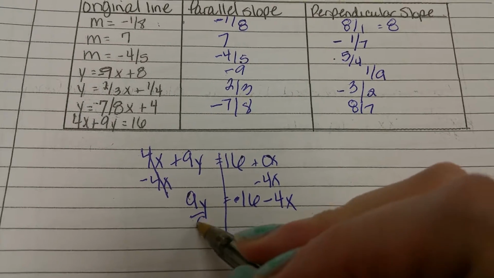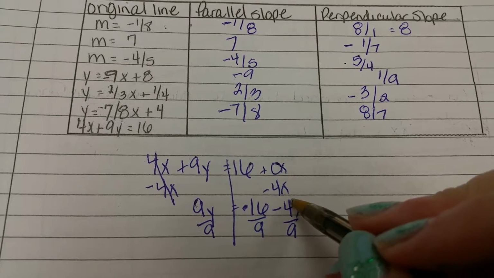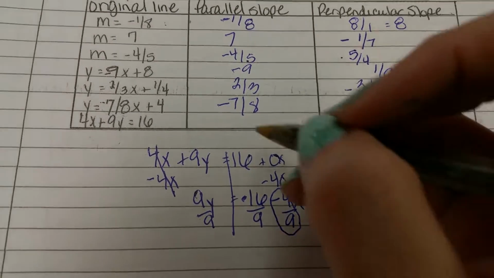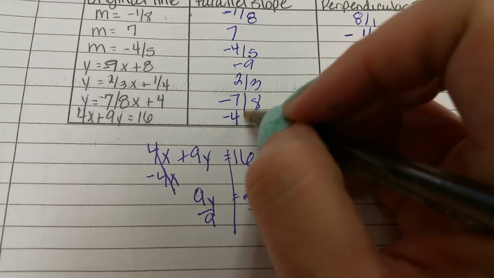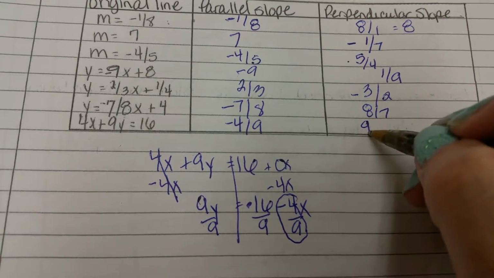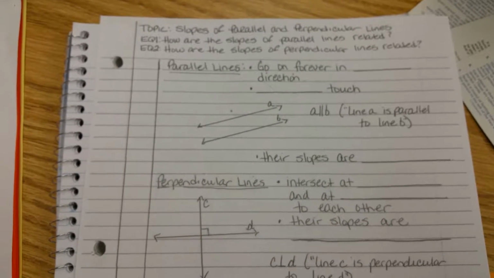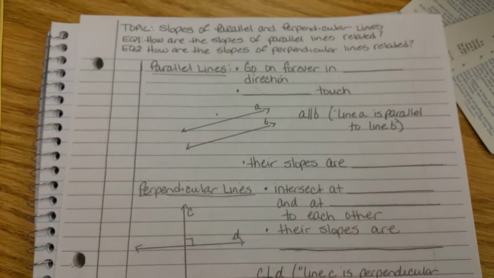Now I'm going to divide by 9. And so now I have my slope of -4/9. And then my perpendicular slope would be a +9/4.